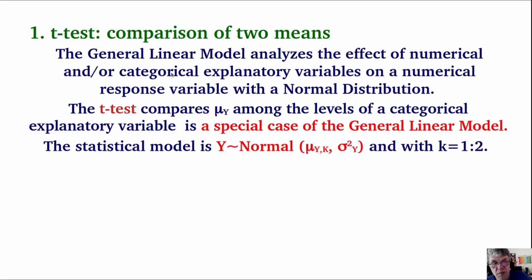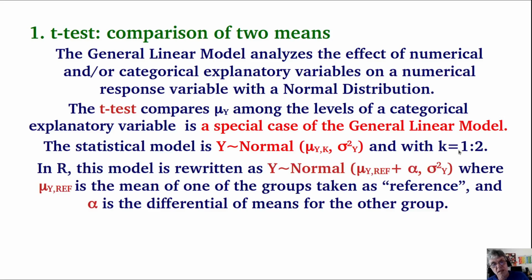As in previous videos, the response variable then has a normal distribution with a mean and a variance. In this case, the mean is defined by the index k, which varies between 1 and 2 because there are two groups. In R, this model is written as follows.